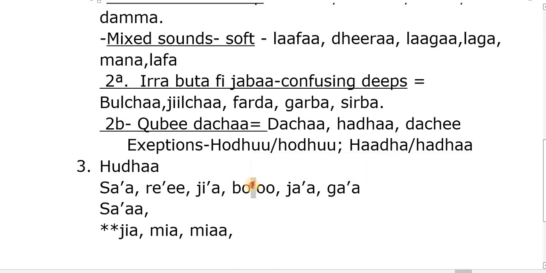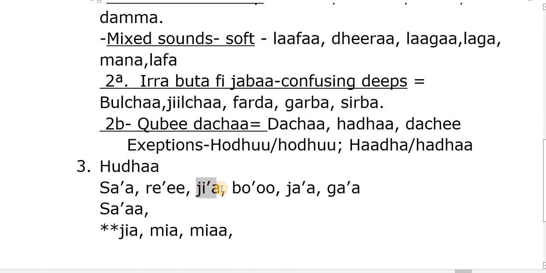So for Oromo, it is the apostrophe. So bo doesn't have any meaning, but bo'o has a meaning. Ja'a, which means six. Ga'a. So if we don't have apostrophe, then we don't have any meaning at all.